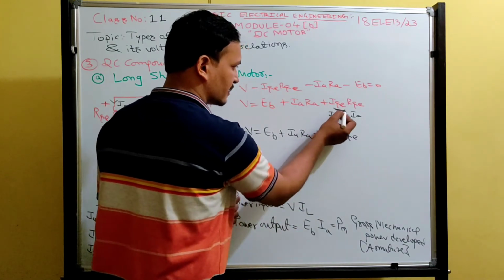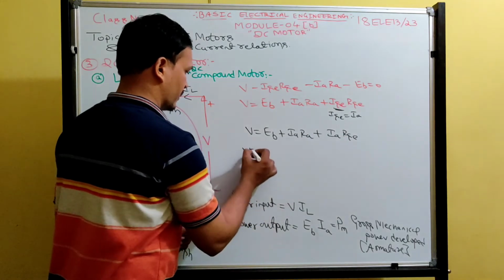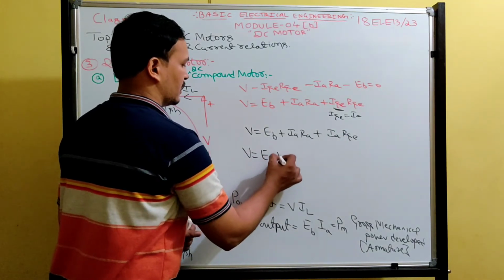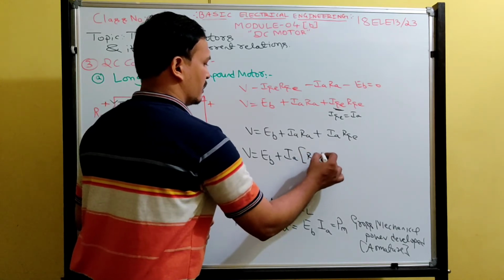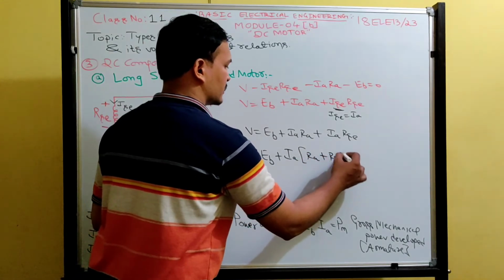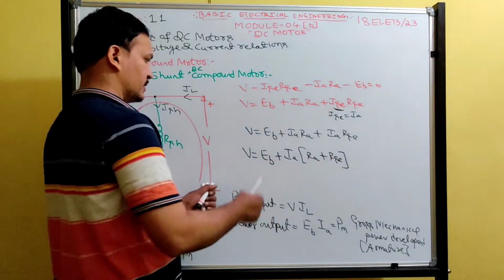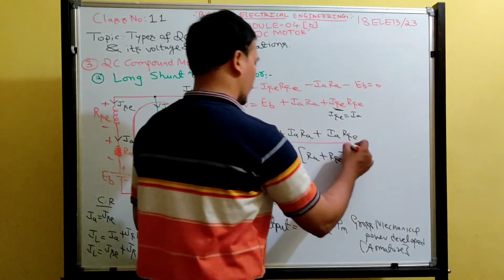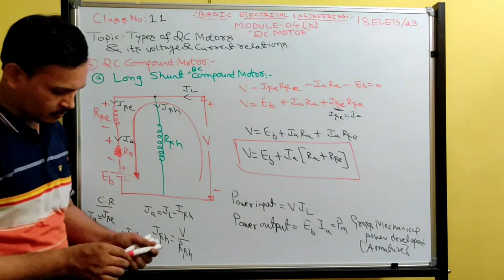I just changed ISC to IA. Next, take IA as the common factor. So V equals EB plus IA within the bracket, RA plus RSC. So only this much is the voltage relation of the long shunt compound DC motor.